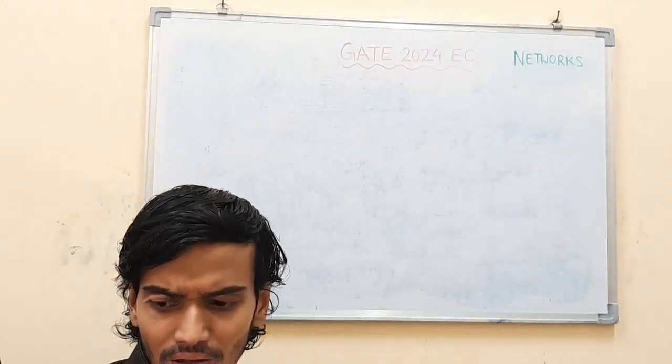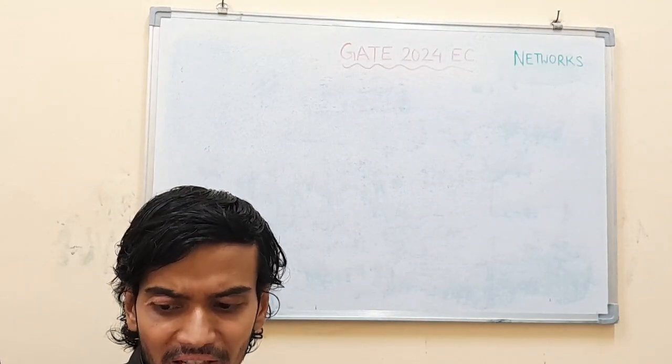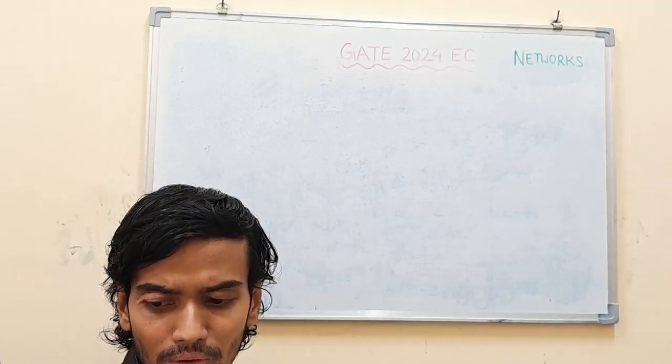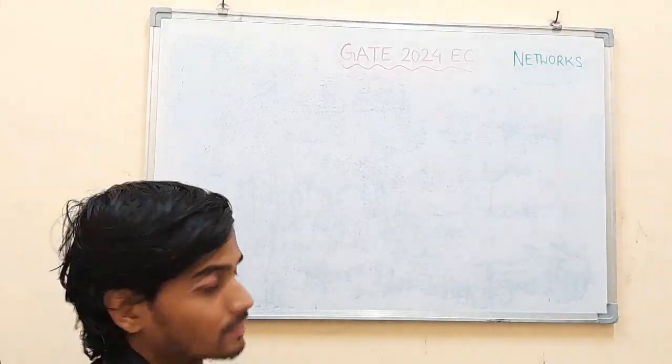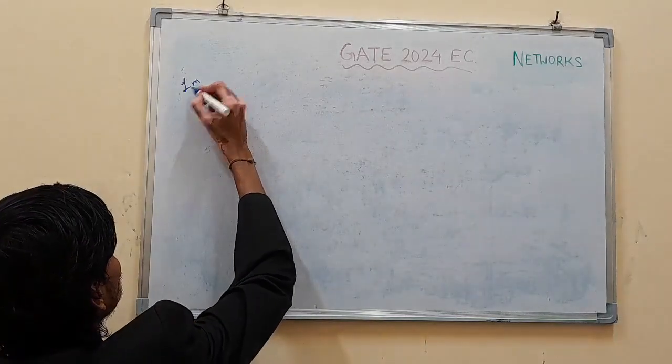Question number 31, 1 mark, NAT type. The official master question of GATE 2024 EC is as follows.